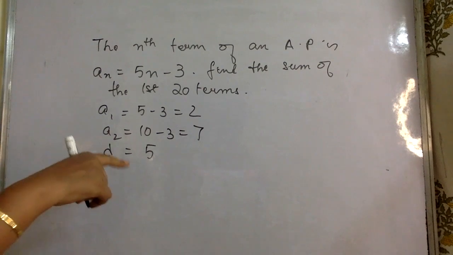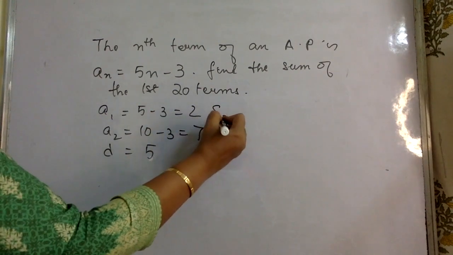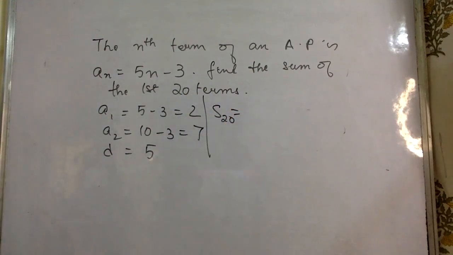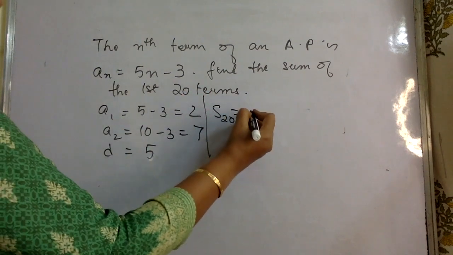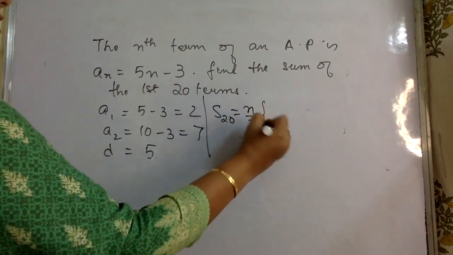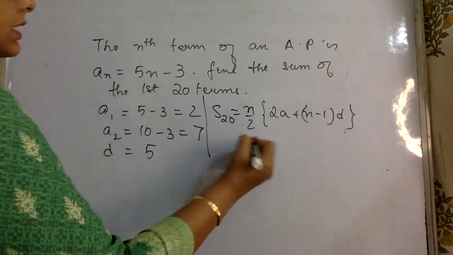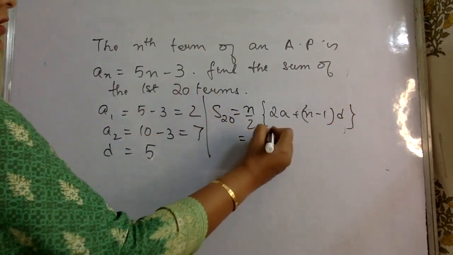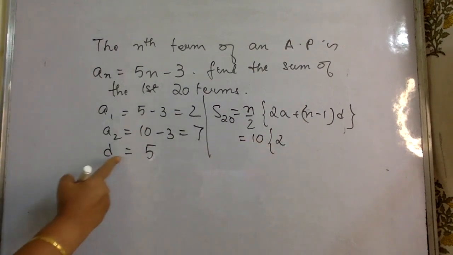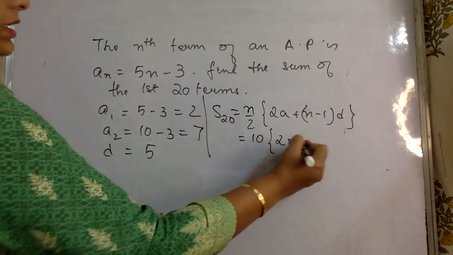Yes, now I need the first 20 terms. S20, the sum of 20 terms, is n by 2 into 2a plus n minus 1 into d, where n is 20, so 10. 2a, 2 into 2, that's 4.